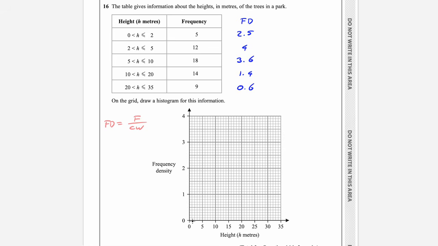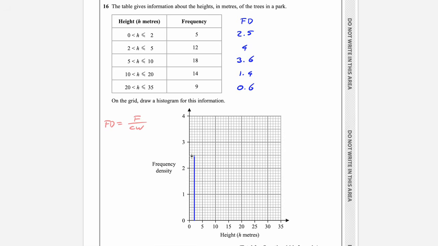So I go from 0 to 2. 2 is here. Just be careful, guys. Making sure you're perfectly accurate. Okay, this is 2, and I'm going to 2.5, which is here. This goes across.